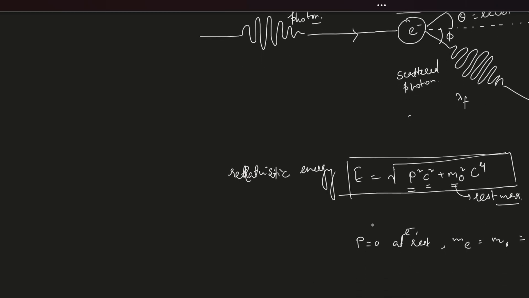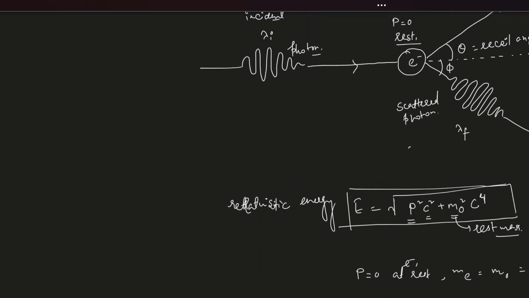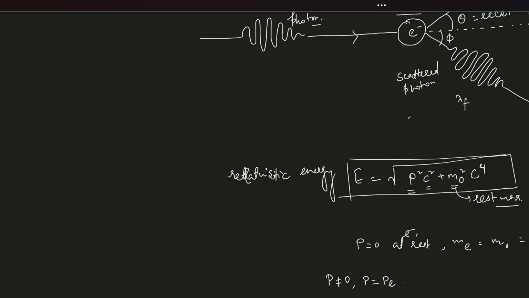And when the electron is in motion, when it has gotten some recoil velocity, its momentum is not equal to 0, but now the momentum has become PE. So you can back calculate PE from here. PE is basically the square root of E squared minus m naught squared C to the power of 4, divided by C squared.